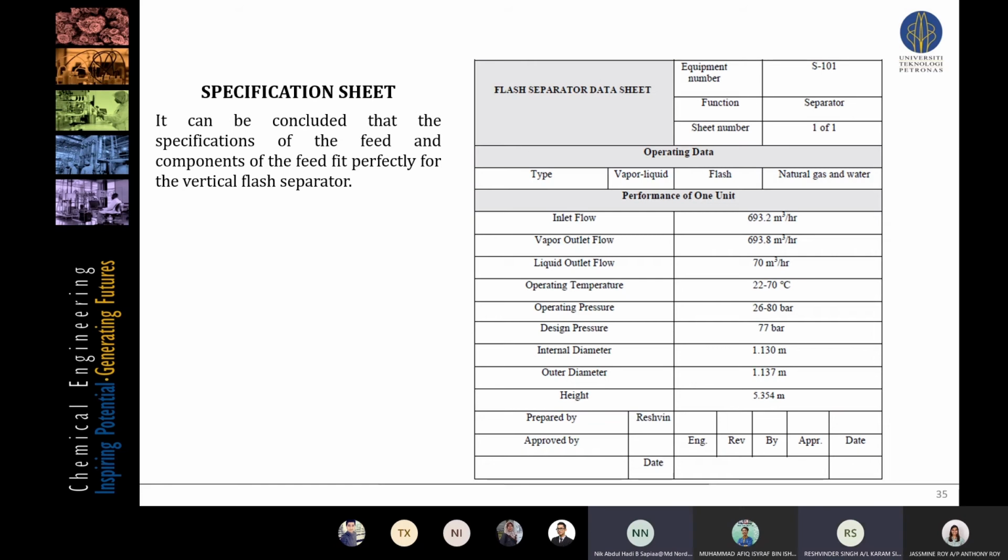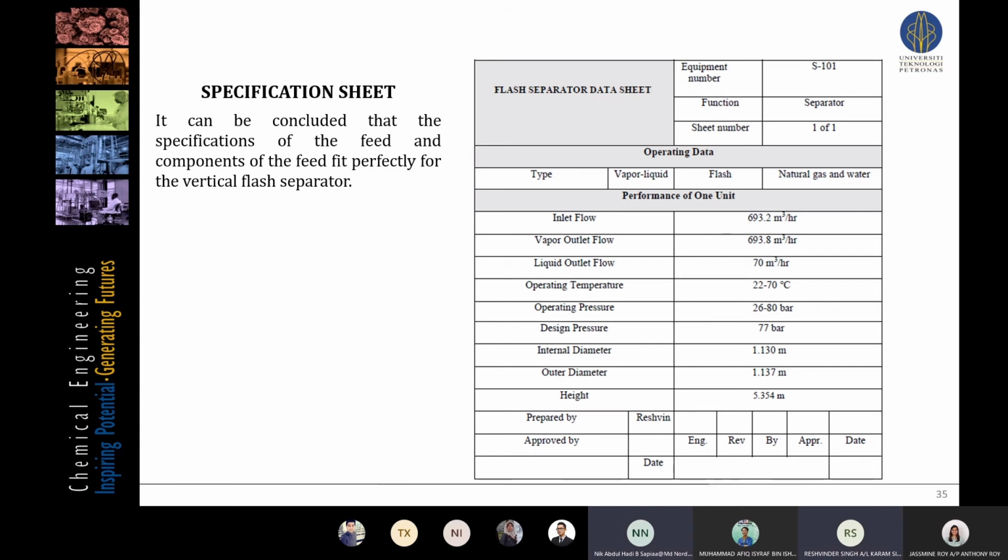953 meter cube per hour, so 0.19. Where is this flash separator? It's right in front, the first unit at the P&ID diagram, in front of the process.